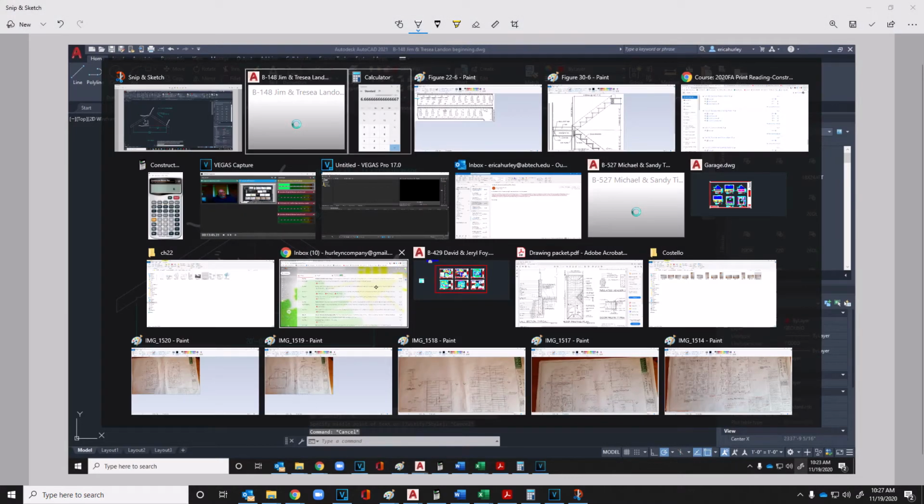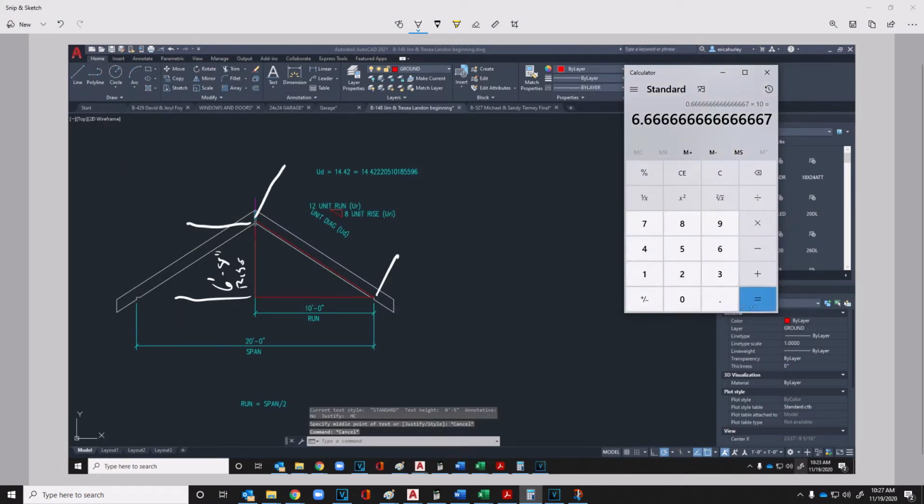All right, so I pull up my construction calculator, and just so that I get everything correct, I'm going to go back through this and put this big long number in here. I should have saved it. So 8 squared plus 12 squared equals, and I hit my square root, and I got that crazy number.